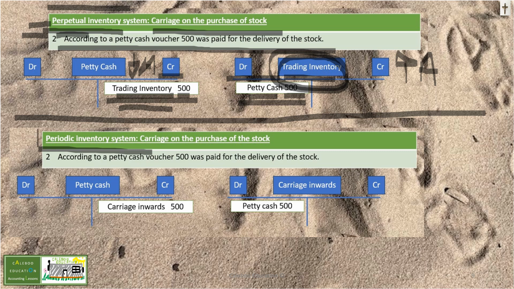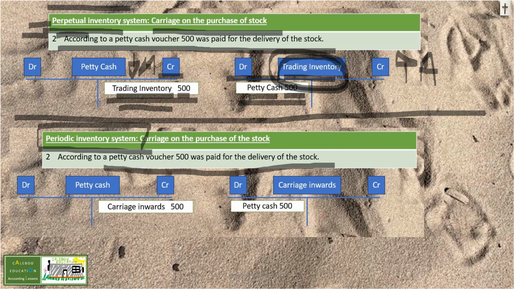But in the periodic inventory system, trading inventory is only used for opening stock and closing stock. Any movements of stock, the purchase of stock or the sale of stock, is not recorded in the trading inventory account.